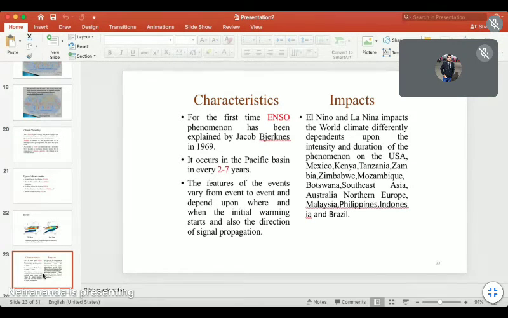El Nino and La Nina impact the world climate differently, depending upon the intensity and duration of the phenomenon. In the USA, Mexico, Kenya, Tanzania, Zambia, Zimbabwe, Mozambique, Botswana, Southeast Asia, India, China, and all these parts. Okay, Australia, Northern Europe, Malaysia, Philippines, Indonesia, and Brazil. See, many areas it influences.